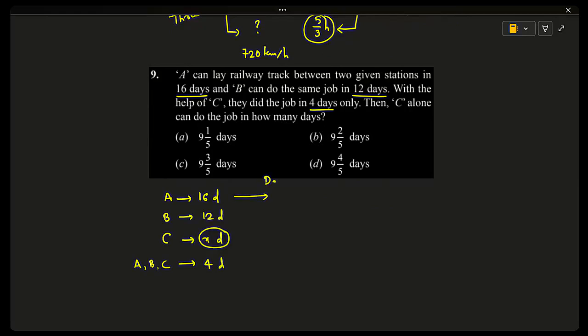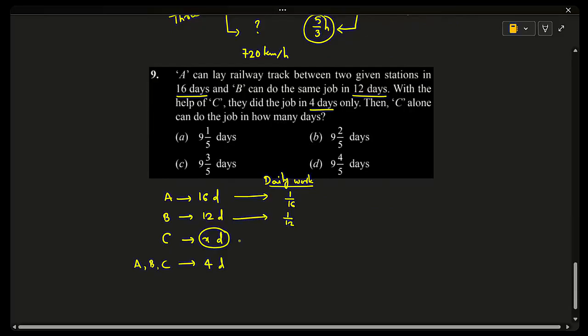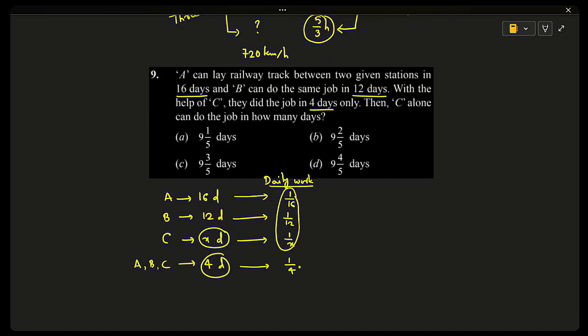Let me write the daily works here. Daily work of A is going to be 1 by 16. Similarly, B can complete one work in 12 days, so daily work of B is 1 by 12. C's daily work is going to be 1 by X. Together the daily work is going to be 1 by 4. So according to the question, the sum of the daily works should be equal to 1 by 4.